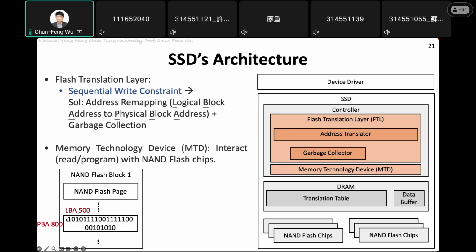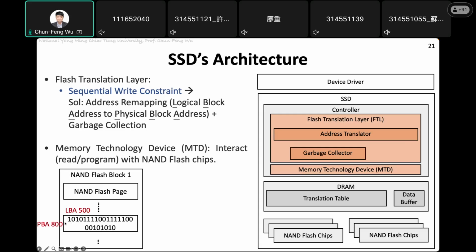For the operating system, the physical address is for the DRAM, right? If you still remember, each patch frame has its own physical address. The same thing here for NAND flash. In each NAND flash block, you have a lot of NAND flash patches, and for each patch you get a number according to the physical layout. So physical block address, for example, this is 800.